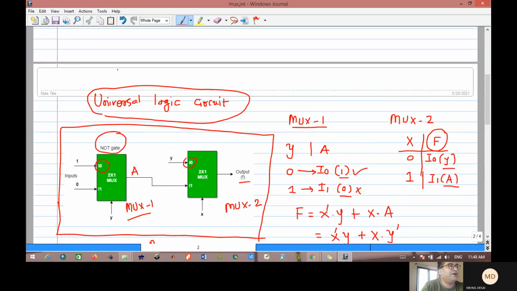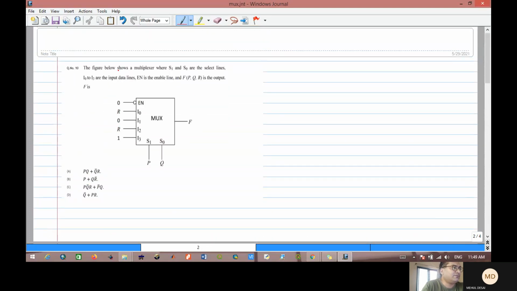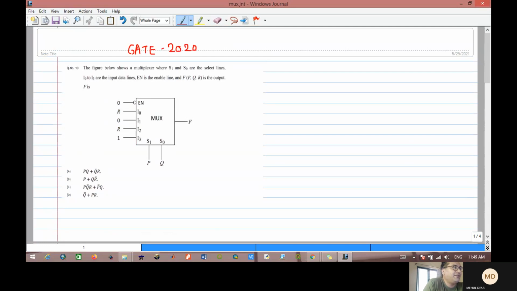Now let us take one example which was asked in GATE paper 2020. Question number 10. The question is: below is the multiplexer circuit, a 4x1 Mux circuit.